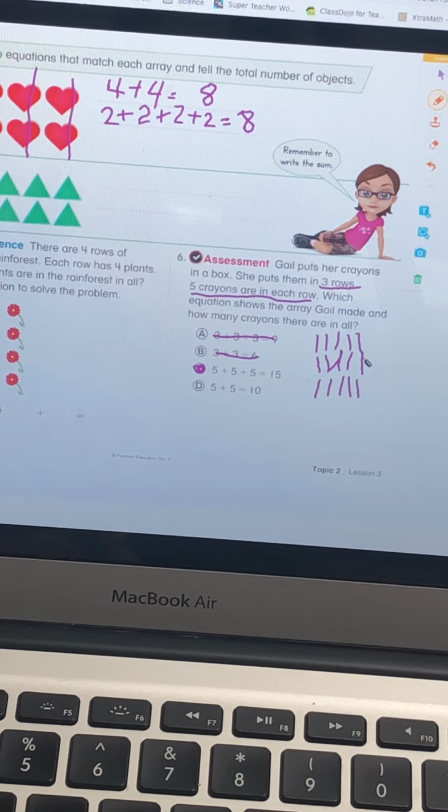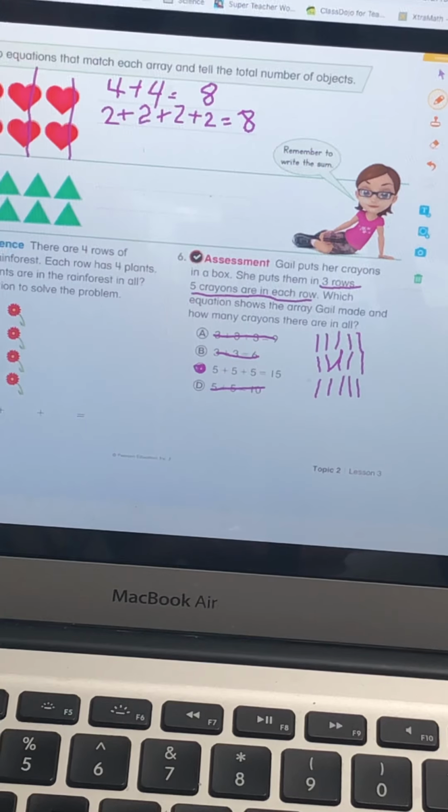No, because that's only 2 rows. How many rows did we have? 3. So this is a no. And all of that is the very beginning of, guess what? Multiplication. That's the start of it right there.